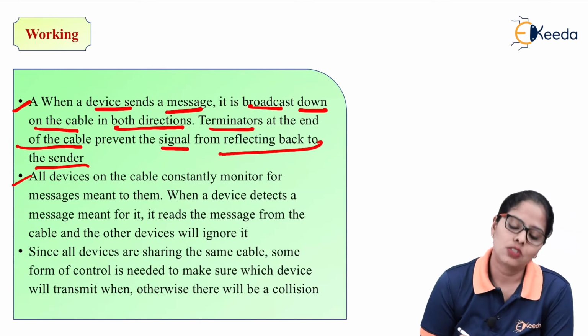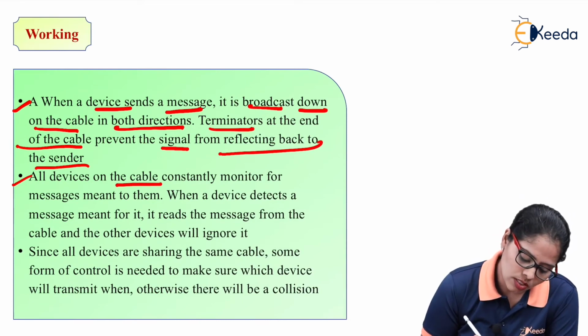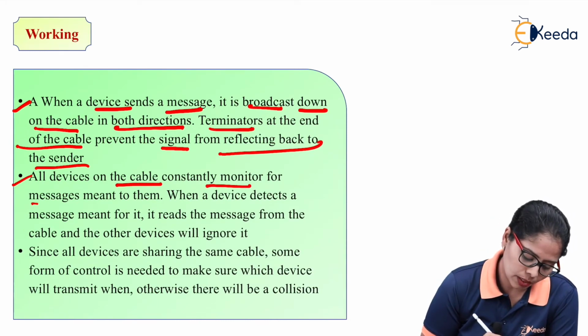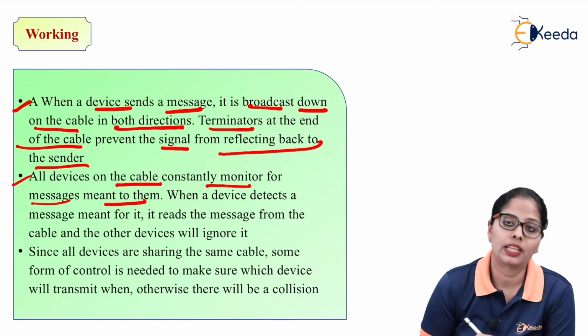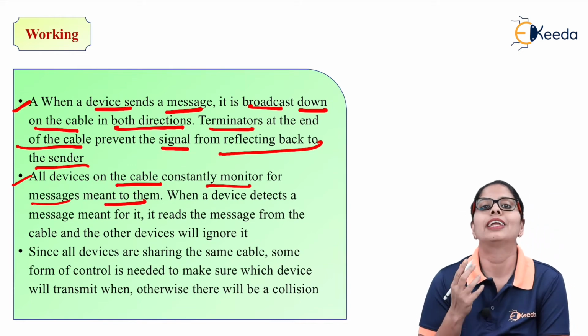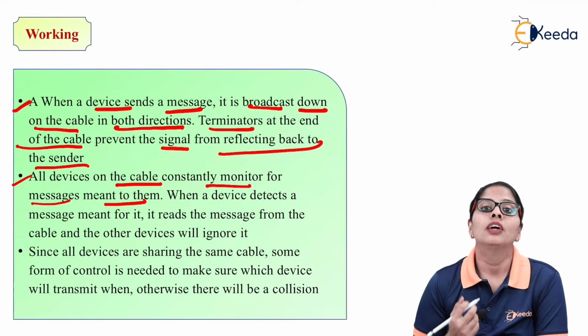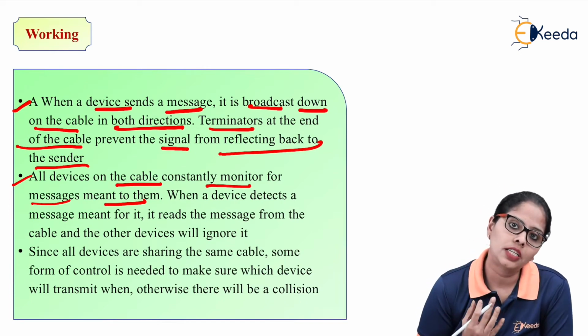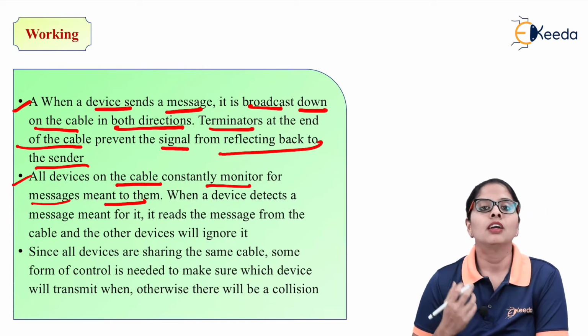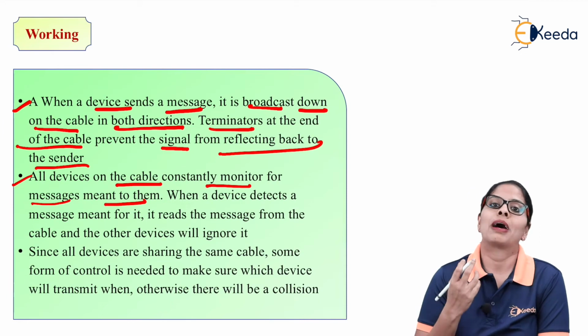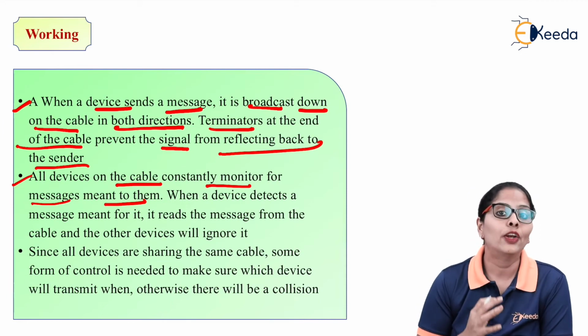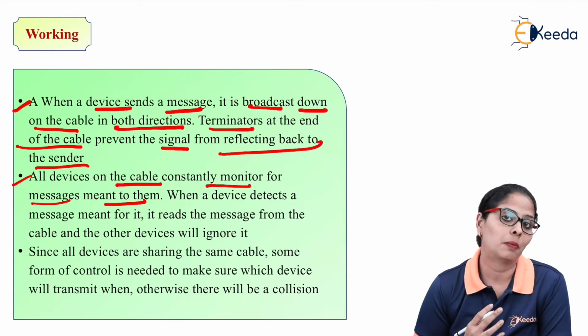All the devices on the cable constantly monitor for messages meant for them. Whenever any packet comes to a device, it checks whether the destination address matches its own address, and only then will it accept the packet.